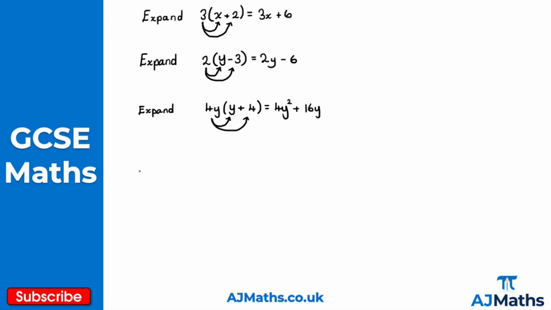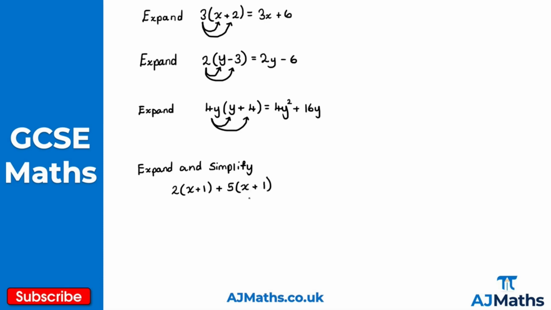And then finally, what you might also be asked to do here is expand and simplify. So again, let's just take a look at one example for this. If we're asked to expand and simplify, let's say we've got 2 lots of x plus 1 plus 5 lots of x plus 1.